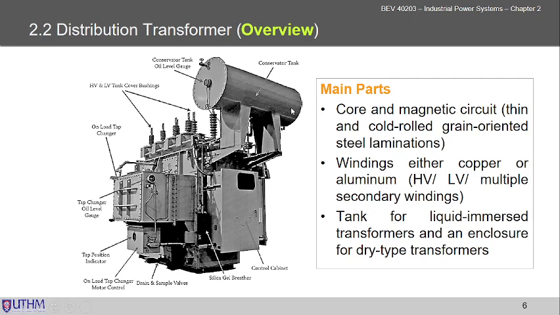This is where the oil-immersed type of transformer has the conservator tank. The function of this tank is actually to control the level of the oil, as the insulation material in the winding here.